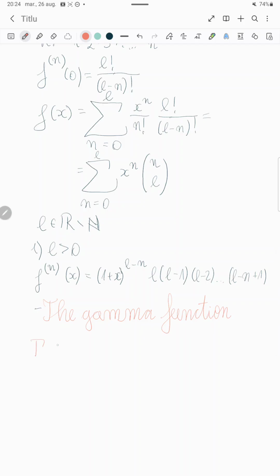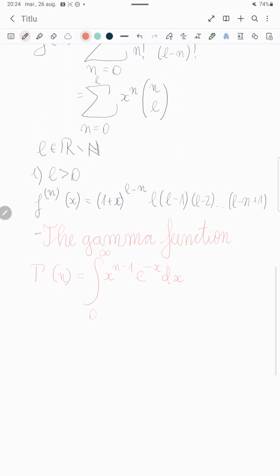And the definition is gamma of n is equal to the integral from 0 to infinity of x to the n minus 1 times e to the minus x dx. Okay, now one can prove that gamma of n is equal to n minus 1 times gamma of n minus 1.